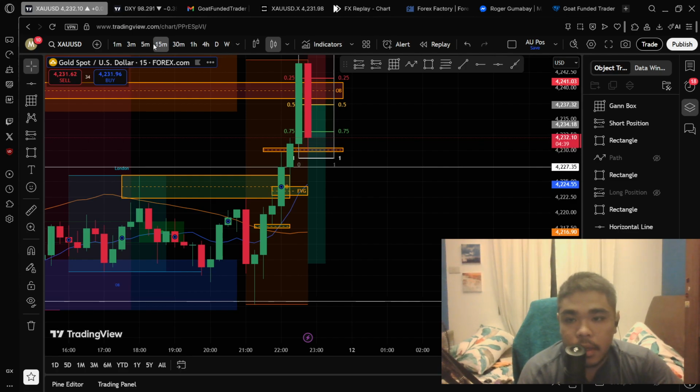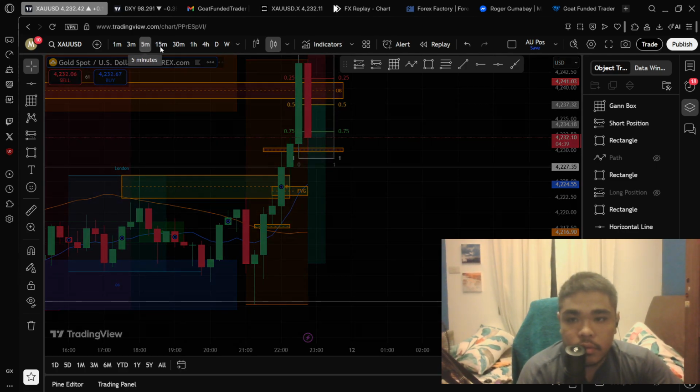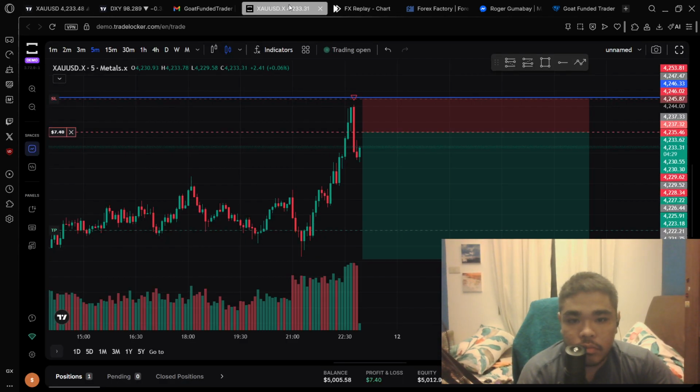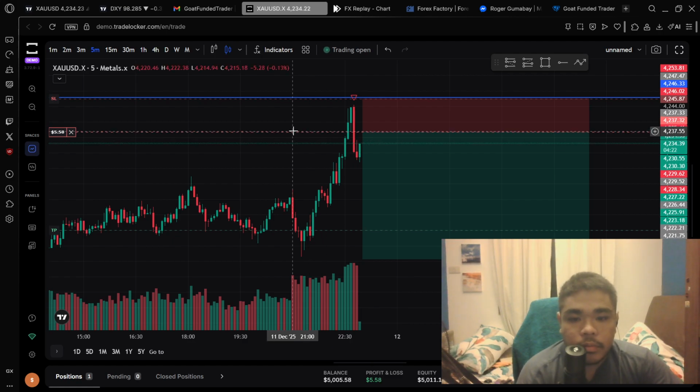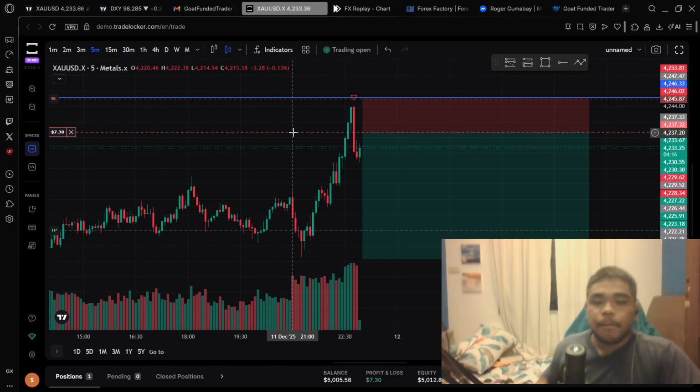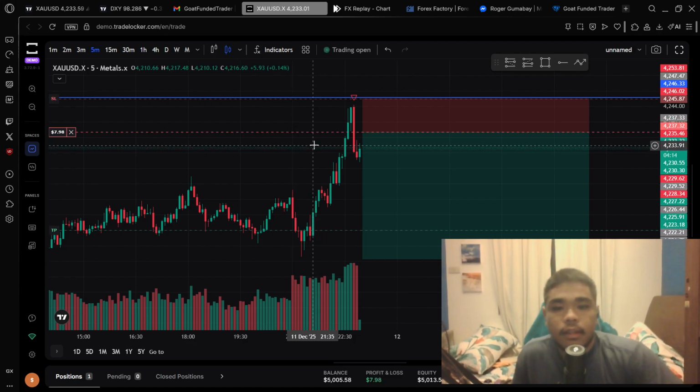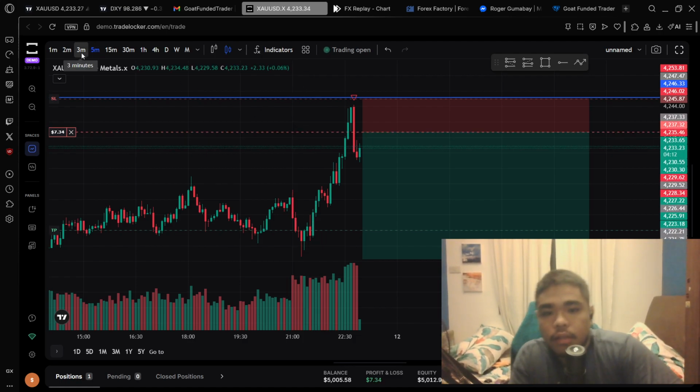Okay, the 15-minute imbalance, I think. The 5-minute, this is our setup right here: an inversion, and then a retracement to that inversion.